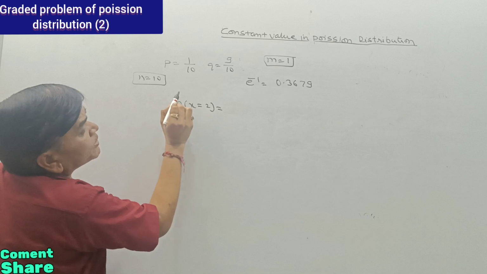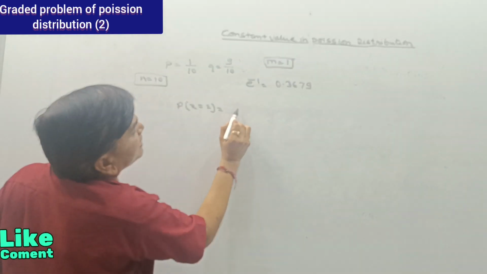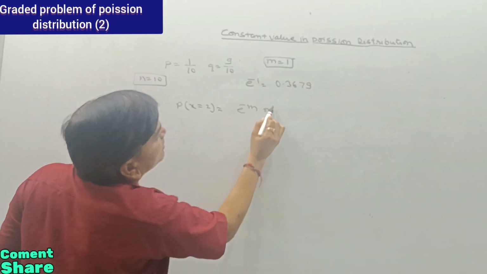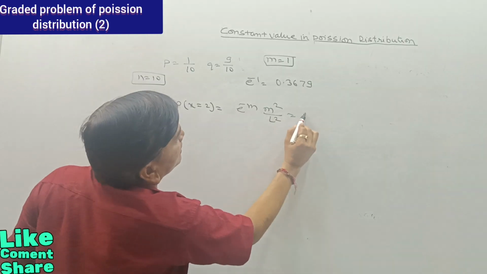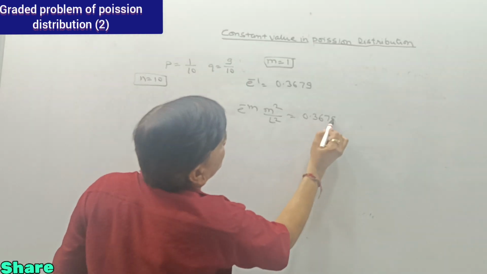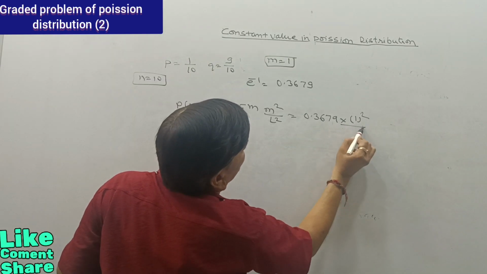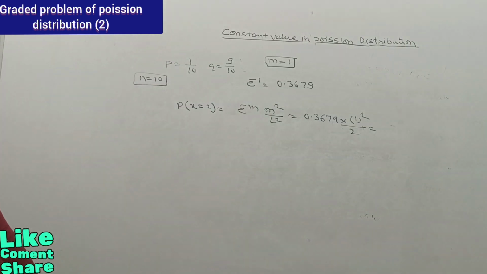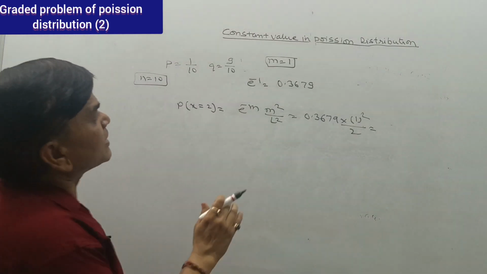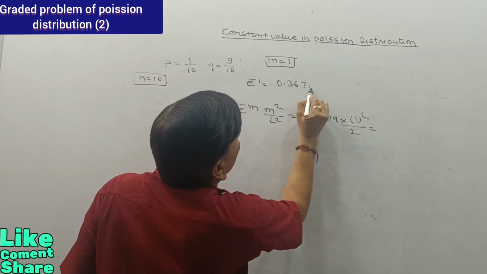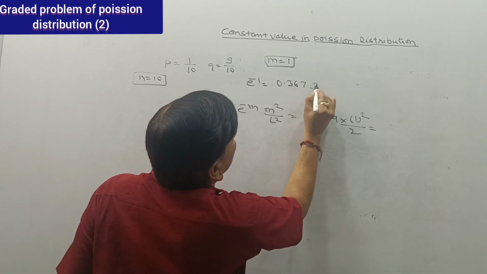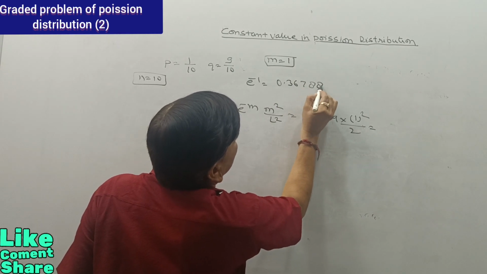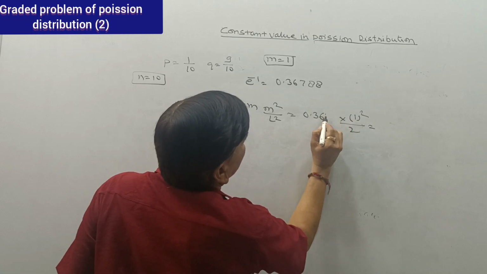So probability of getting exactly 2 defective with Poisson distribution is e raised to power minus m, m raised to power 2 upon factorial 2, that is 0.3679 multiply 1 raised to power 2 upon 2. The table value I have seen is 0.36788, so we can write 788.